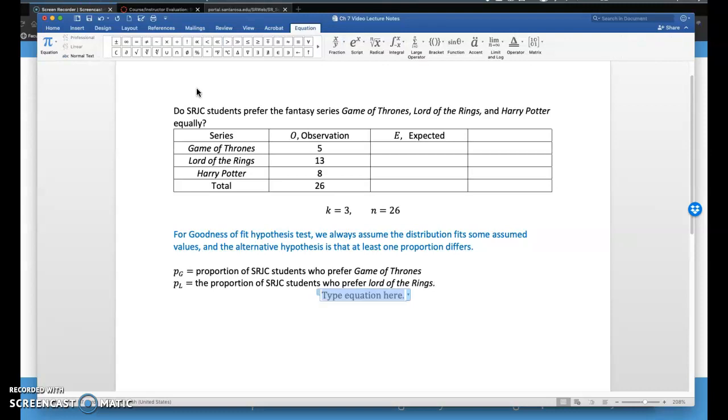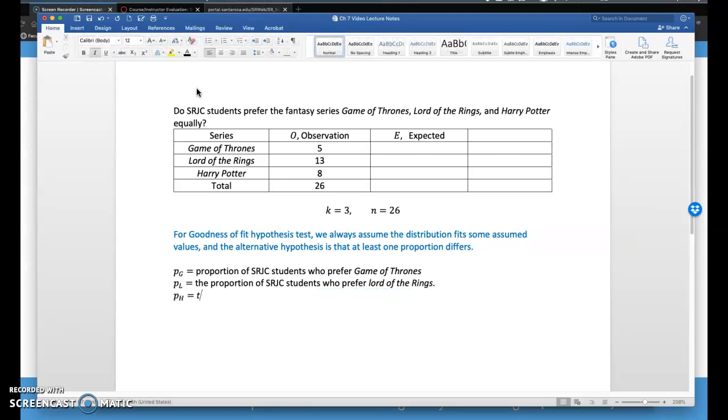And I'm going to let P sub H equal the proportion of SRJC students who prefer Harry Potter. So here I'm defining all of my population parameters.